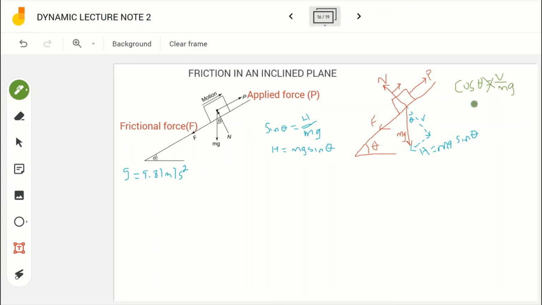Therefore my vertical component V is equal to mg cos theta. So this is for my mg: my V is equal to mg cos theta.